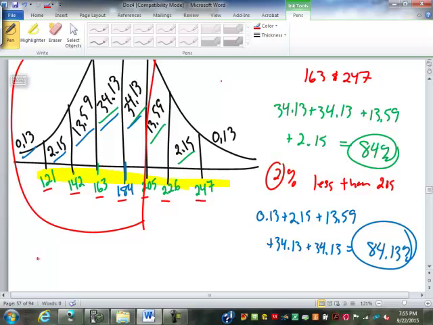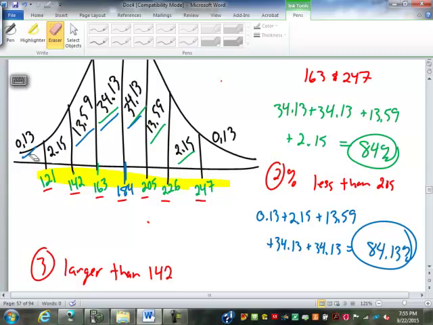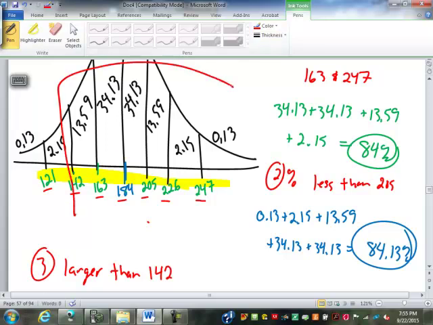I might ask what percent will be larger than 142. So again, here's 142. Larger is going to be this way.